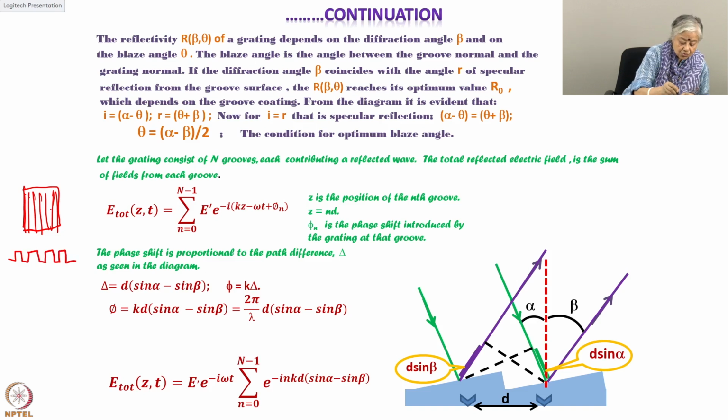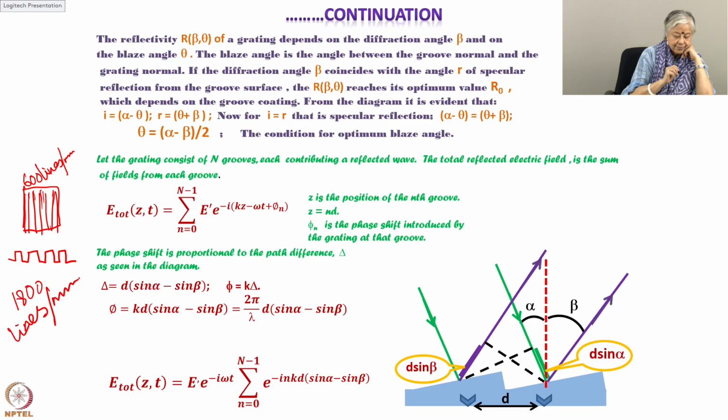It is given as say 600 lines per mm, or it could be 1800 lines per mm.